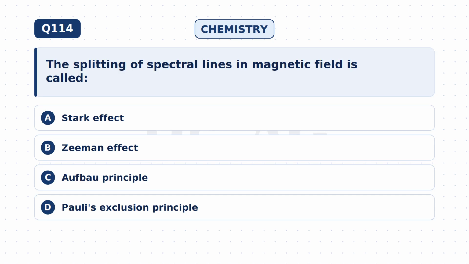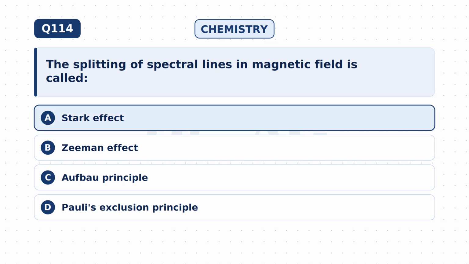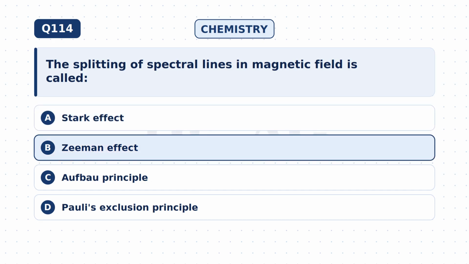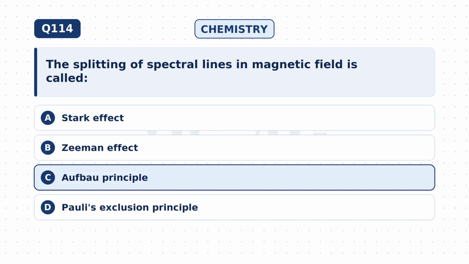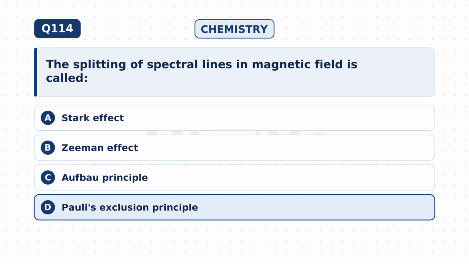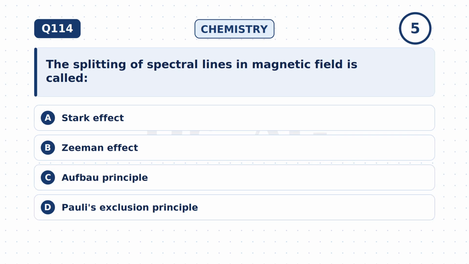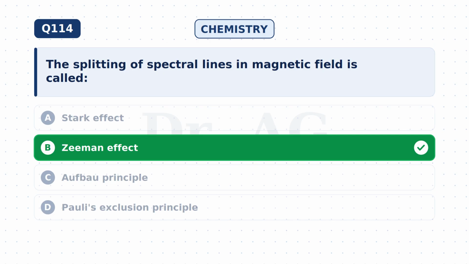Question 114. The splitting of spectral lines in magnetic field is called Option A, Stark effect. Option B, Zeeman effect. Option C, Aufbau principle. Option D, Pauli's exclusion principle. The correct answer is B, Zeeman effect.